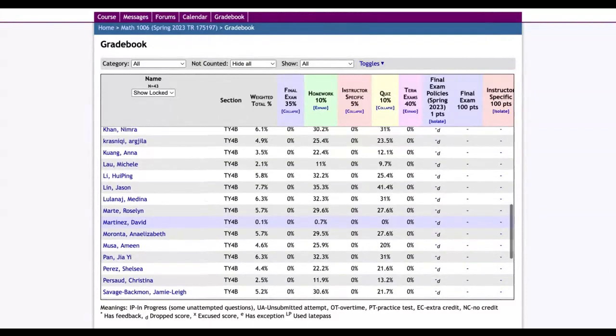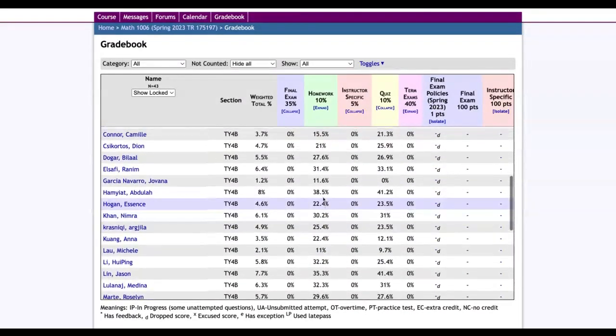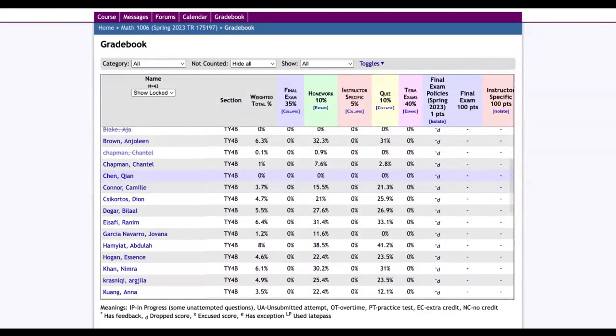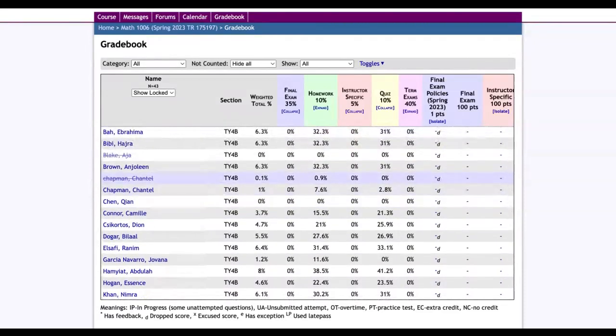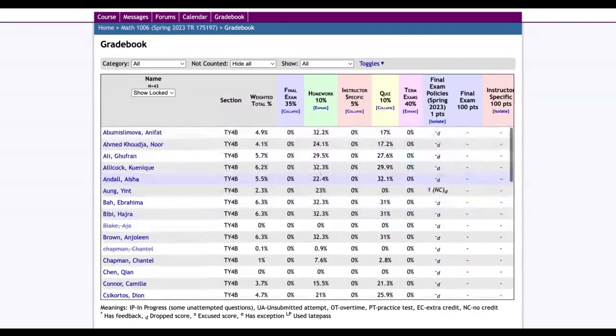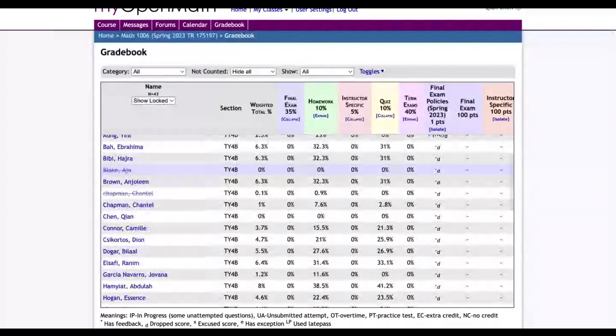Only 0.7%. This is Kelly, only 11%. Then Giovanna, only 11%. That's me. This one is not here. This one is the other classes. So the rest of you are doing fine, doing great.